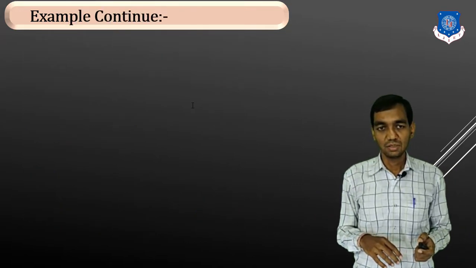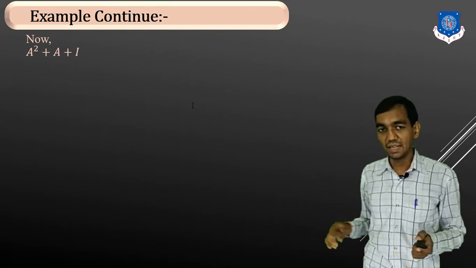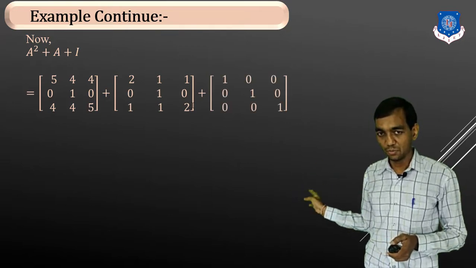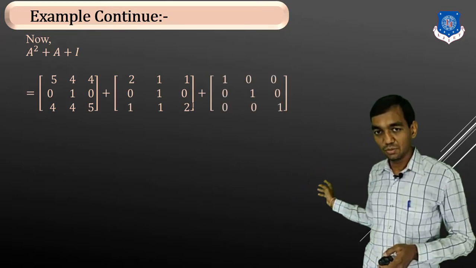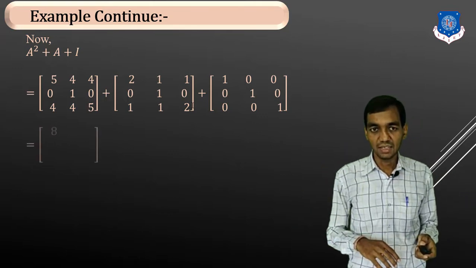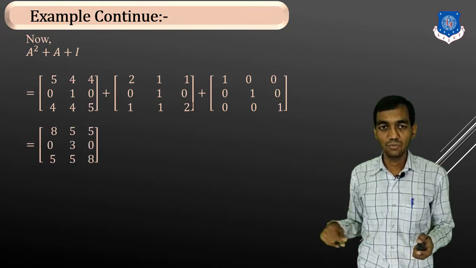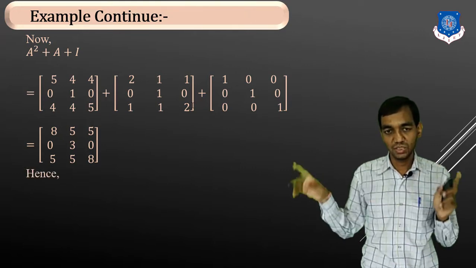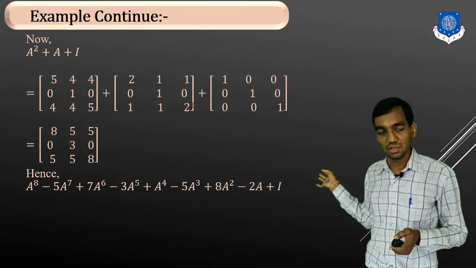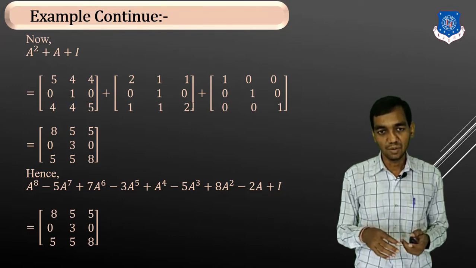So putting these values in the expression, A square plus A plus I is equal to [5 4 4; 0 1 0; 4 4 5] plus [2 1 1; 0 1 0; 1 1 2] plus [1 0 0; 0 1 0; 0 0 1], and that will give you the answer [8 5 5; 0 3 0; 5 5 8]. So the whole expression of the matrix has the final answer [8 5 5; 0 3 0; 5 5 8]. This is obtained by the Cayley-Hamilton theorem.